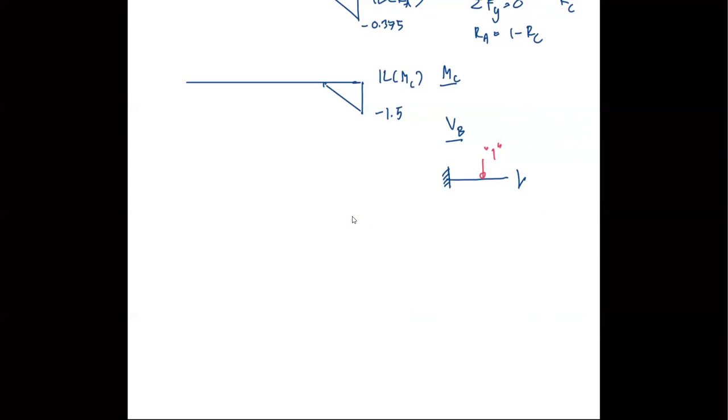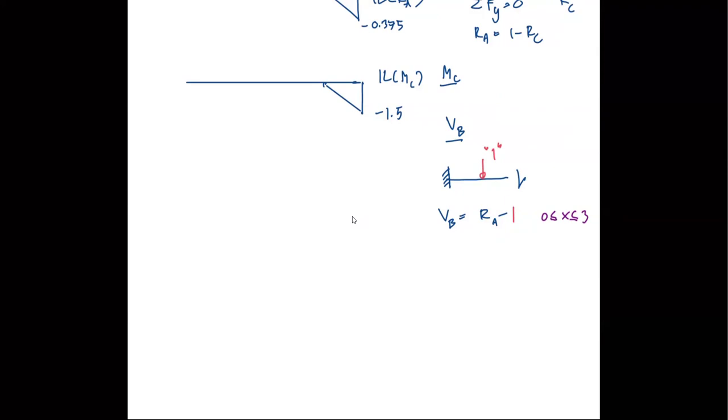So when the unit load is on this free body diagram, my VB is going to be equal to RA minus 1, which is the unit load, right? But this will be valid for X from 0 to 3, because B is when X is equal to 3, right?